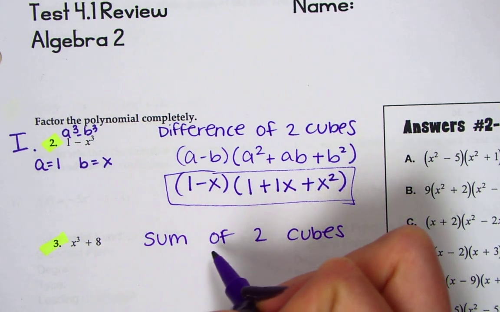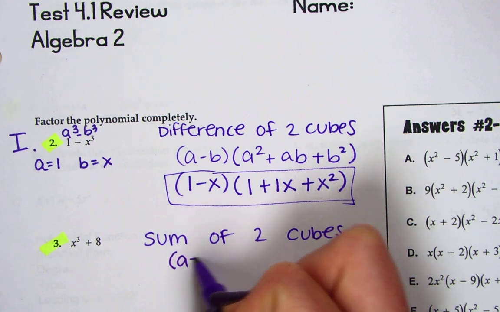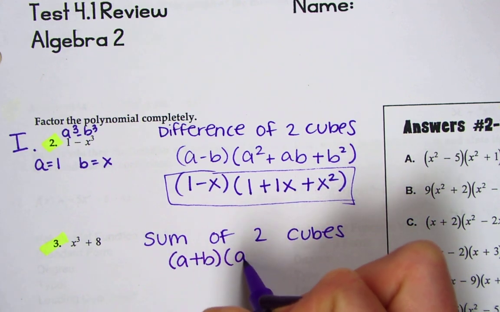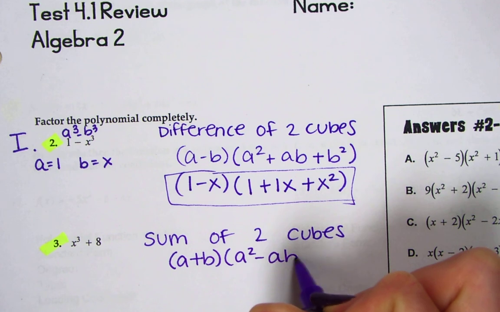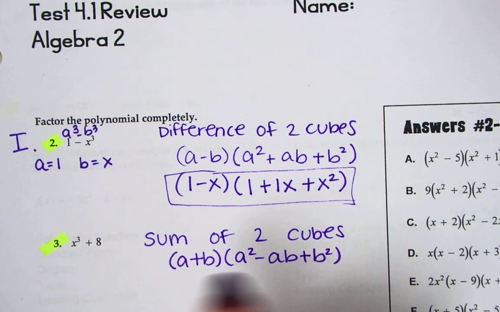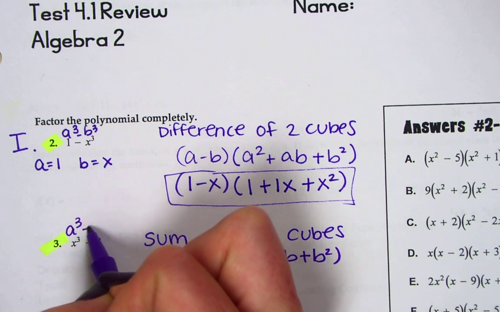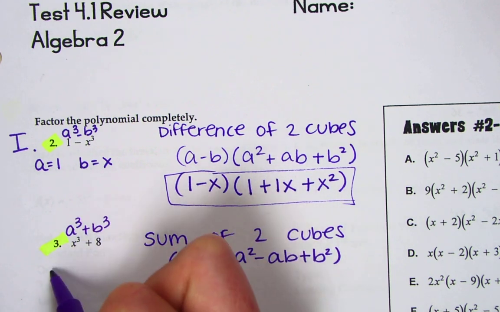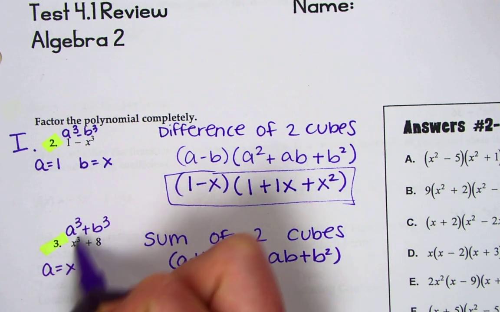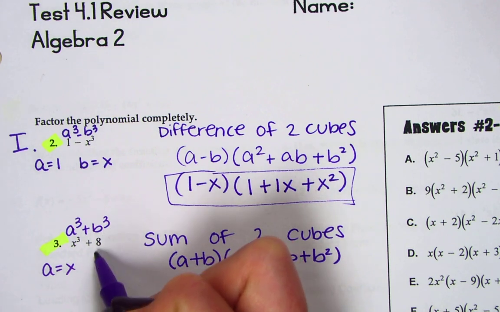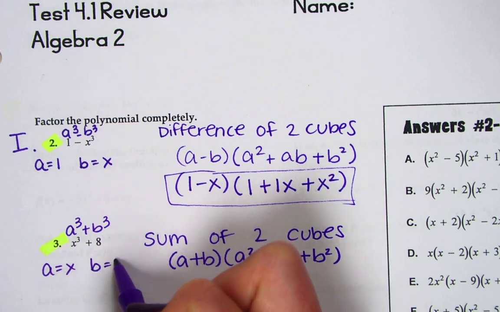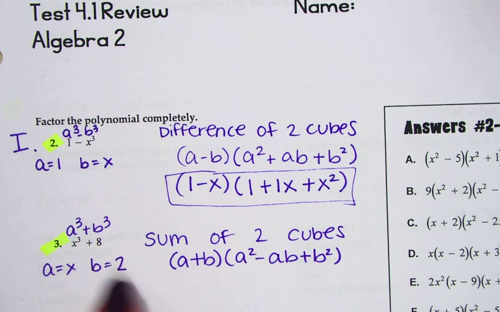Okay, and the formula for sum of 2 cubes is a plus b times a squared minus ab plus b squared. Again, this formula is on the board. Okay, so this is a cubed plus b cubed. That means a is x, because x cubed. And what cubed gives me 8? That would be 2. That means b is 2.